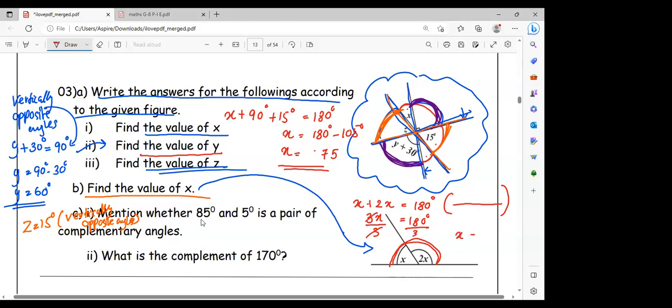Look at the C, part C. Mention whether 85 and 5 is a pair of complementary angles. Is it correct? Yes, what is your answer? Is it correct or not?